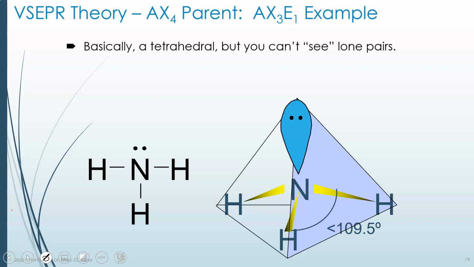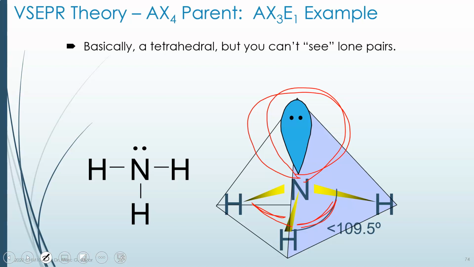And in fact, it actually takes up even more space than bonded pairs do. That you don't need to know for this course, but it does end up spreading them out, so this angle actually gets shrunk. It's a little less than 109.5 degrees. It's somewhere between 105 and 108 degrees. I don't remember the exact value, but it's small.